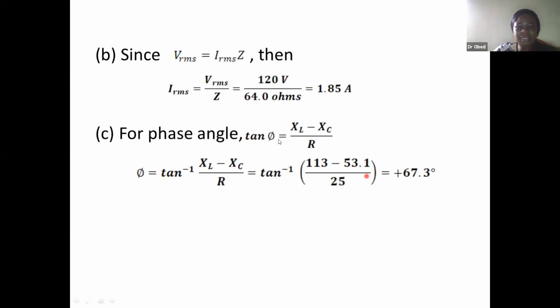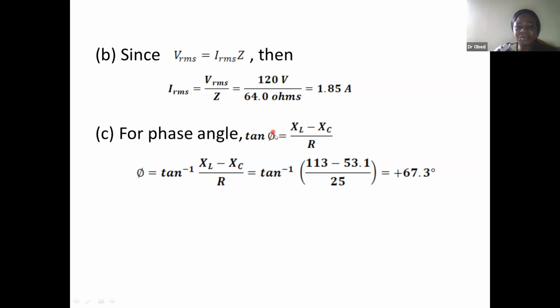So it will be there for you to look at later. The next question, B, is to find the RMS current, using this formula, VRMS equals I RMS times Z. You now know what Z is from A. You input it there, you find your I RMS.